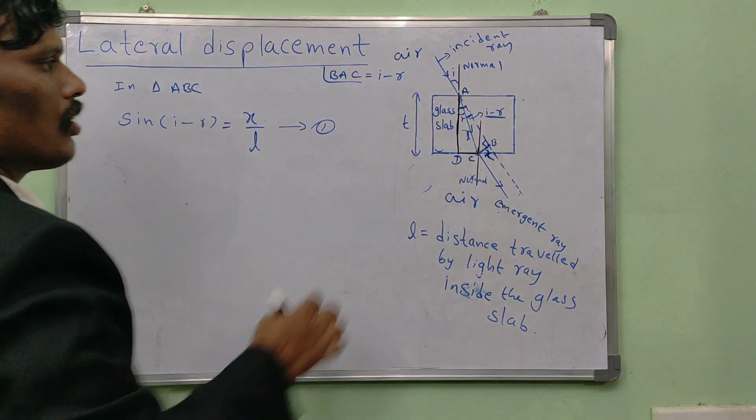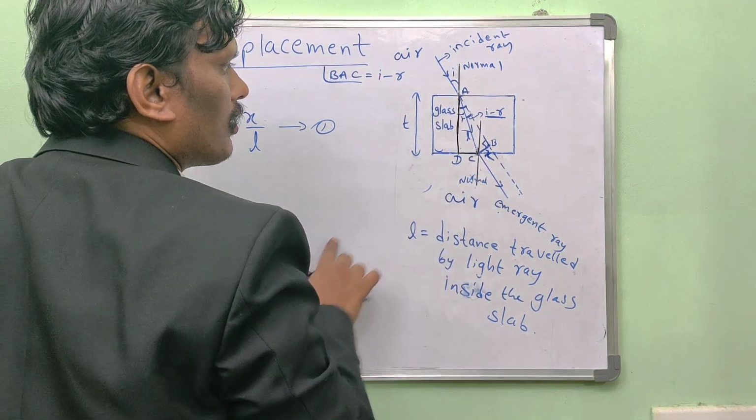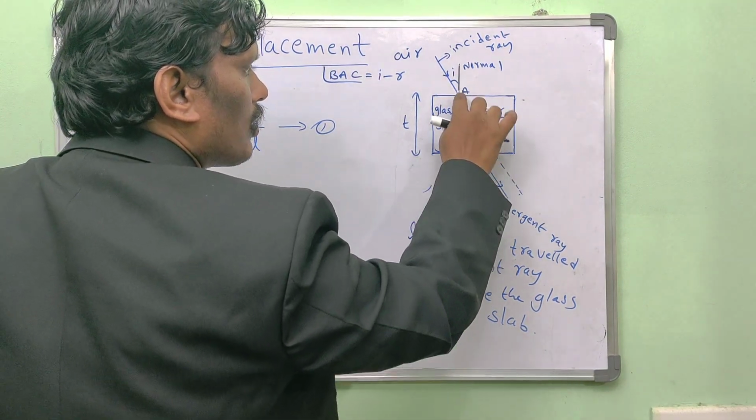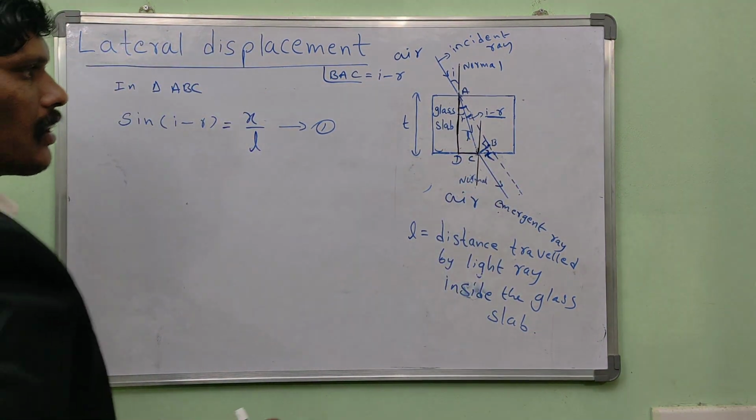Thickness of the slab. What is T? Thickness of the slab, that is only AD. What is AC? The distance travelled by the light ray inside the glass slab.